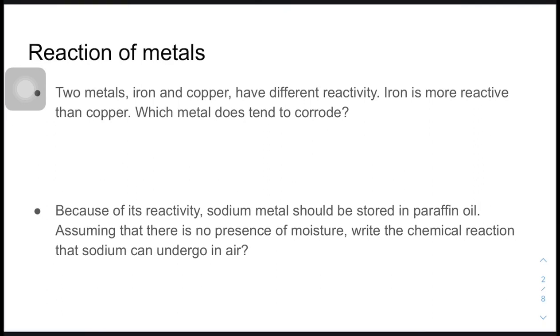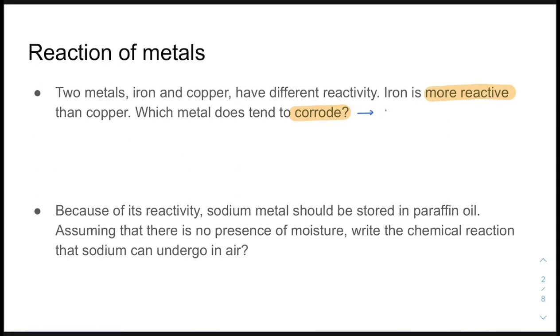Two metals, iron and copper, have different reactivity. Iron is more reactive than copper. Which metal does tend to corrode? The keyword is corrode, and iron is more reactive.